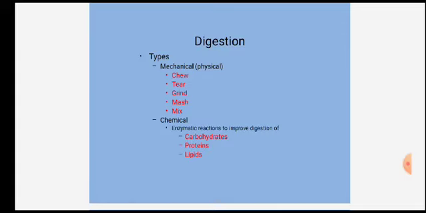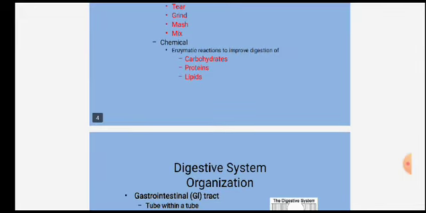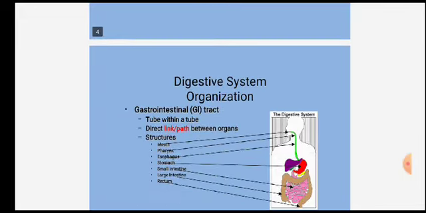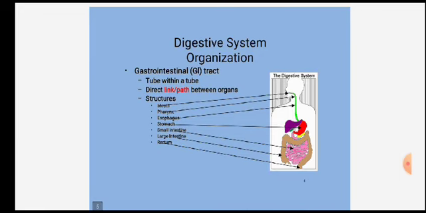The food material consists of different types of important molecules, that is carbohydrates, proteins as well as lipids, and all are digested inside the body. The digestive system consists of different types of organs, because we know that the structural and functional unit of the body is the cell.